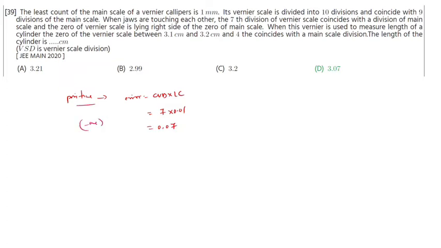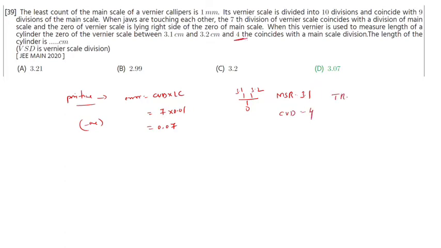Remember this point. Now next, when this vernier is used to measure the length of a cylinder, the 0 of the vernier is lying in between 3.1 and 3.2. So here main scale reading, we should take 3.1, and CVD they already given as fourth division.